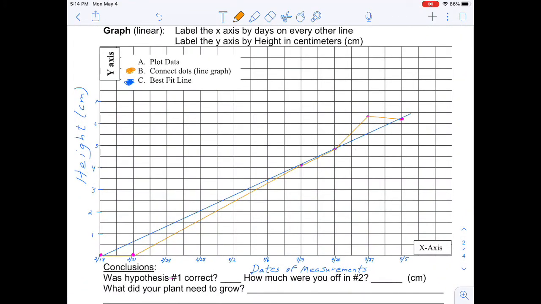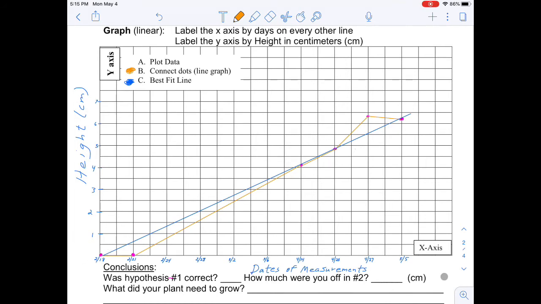You may have noticed that I've got the height labeled over here on my y-axis in centimeters, and I've got the dates of the measurements down here at the bottom. I spaced it out a little bit just so my graph looked a little bit nicer, so I put my dates at every other line on the graph, and I did the same thing with my measurements. So each 2 lines represents 1 centimeter on my graph.